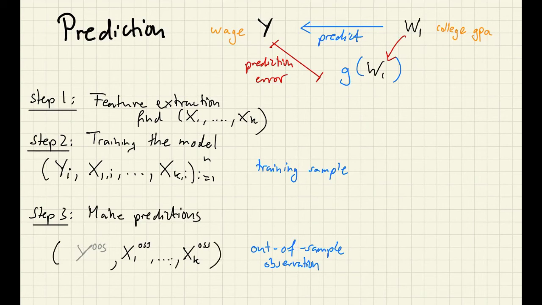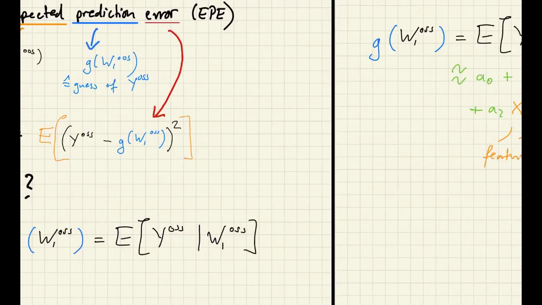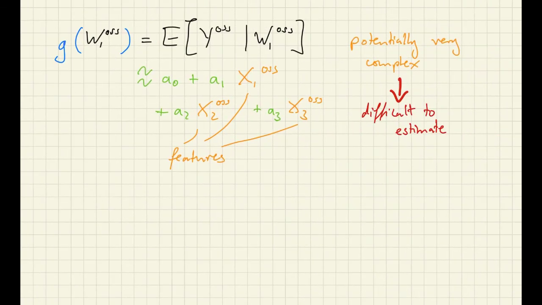Now, once we have decided on the features, we know the functional form we want here. We want a linear form in the features. And now what's left to do is find these coefficients. And obviously we want to choose the best coefficients that give the best approximation to the conditional expectation here. And we already know that the best linear approximation of this is the best linear prediction.